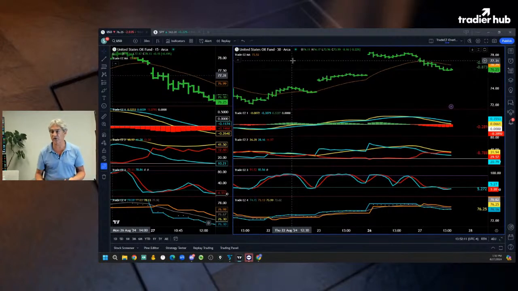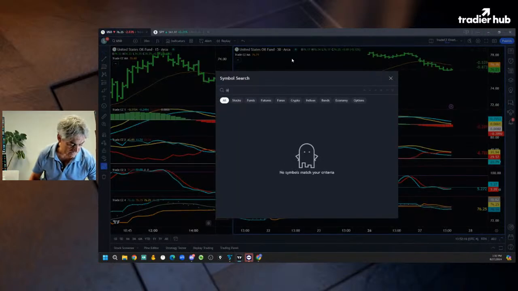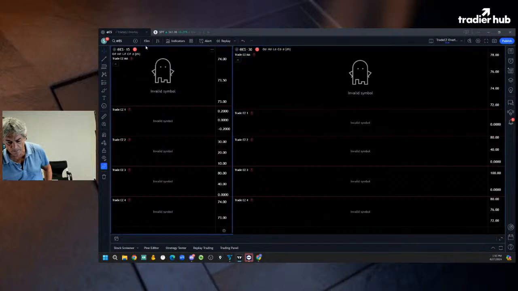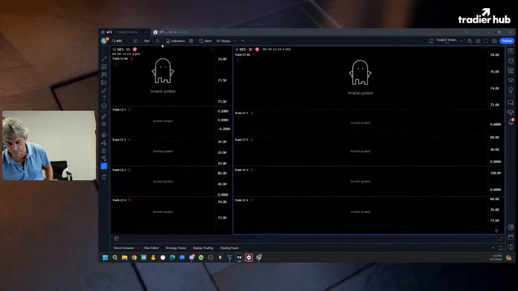Look at the S&Ps go here, almost making new highs. They're close to making new highs. Again, this was a beautiful pattern on the S&Ps. Let me see what's going on here. Oh, invalid symbol.